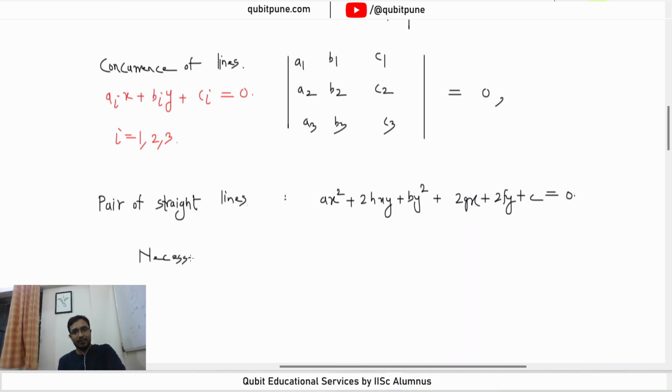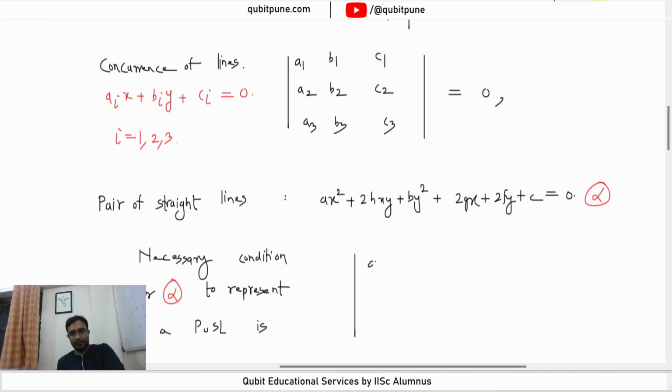Necessary condition for the equation alpha to represent a pair of straight lines is the determinant with rows A, H, G. Okay, so it's a symmetric matrix and determinant. Diagonally we write A, B, C and here we write F. Should be good.